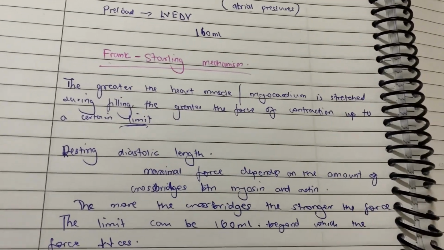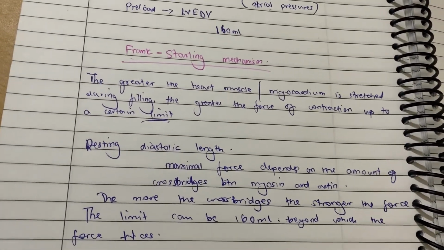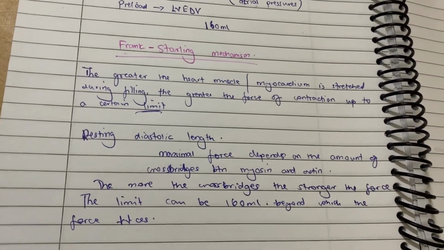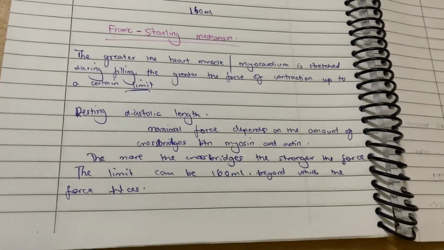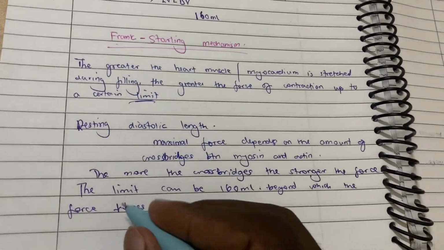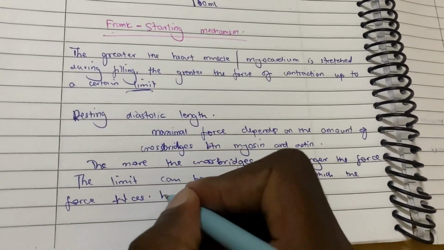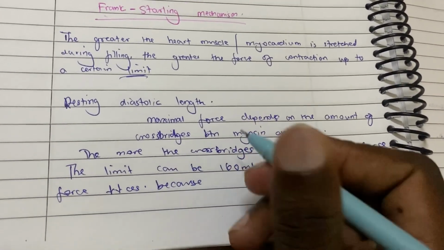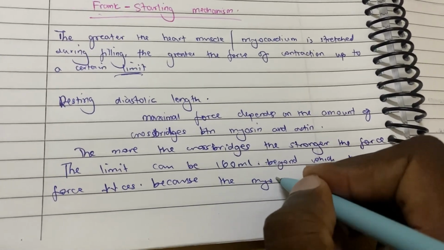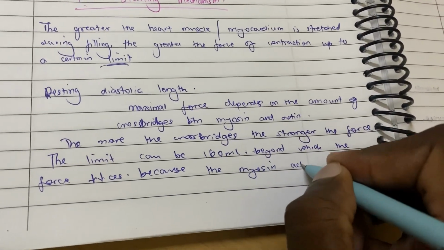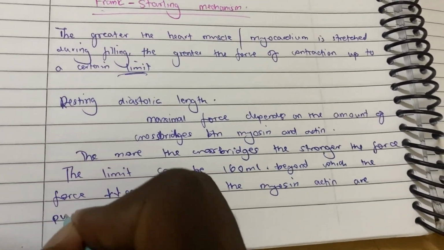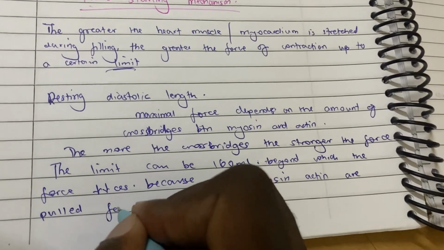Why does it reduce after a certain limit? Because of malformation. The actin and myosin are so stretched that they go far apart, because the myosin and actin are pulled far apart.